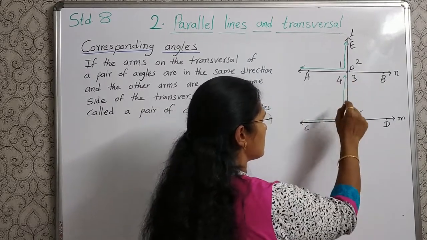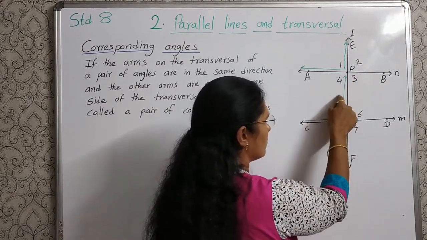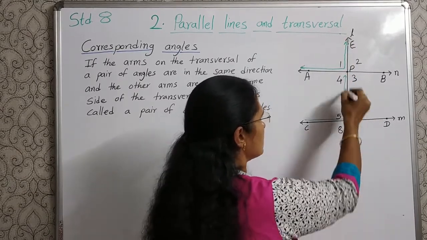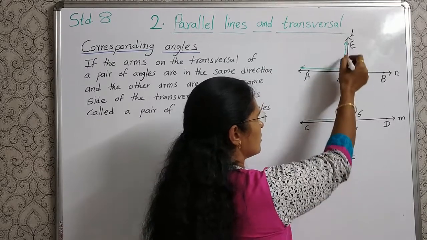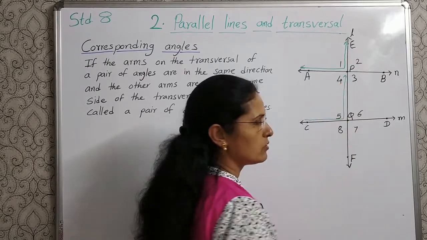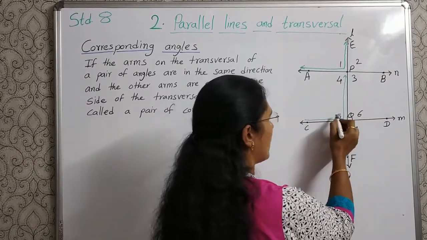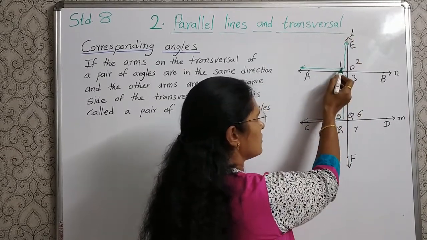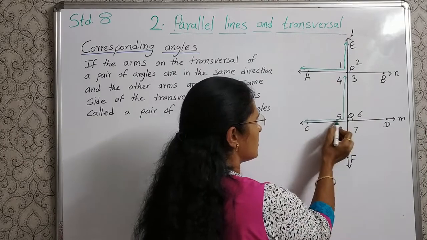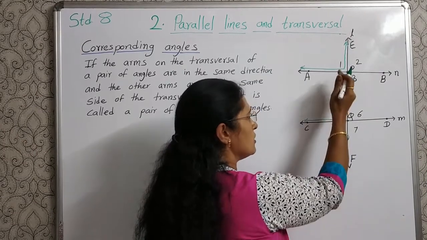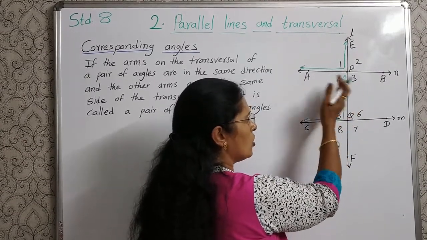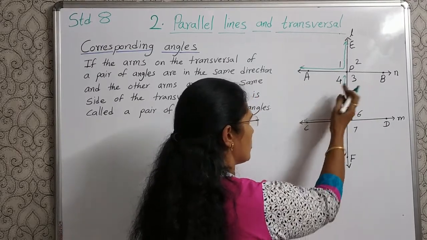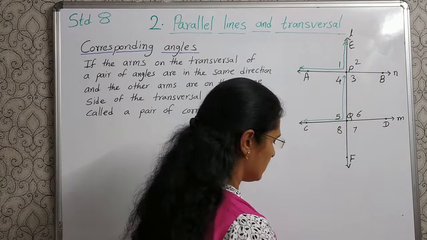These two angles have their one arm on the transversal and it is in the same direction. Here the arm of the angle is in the upward direction, and the other arms of these two angles are on the same side of the transversal.